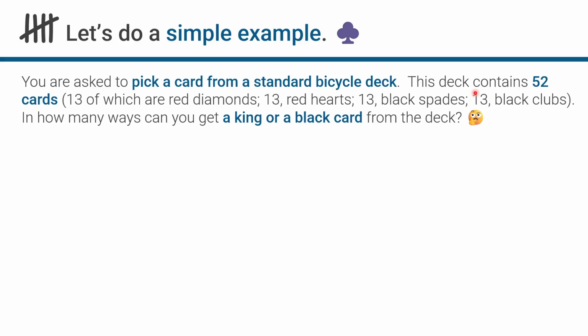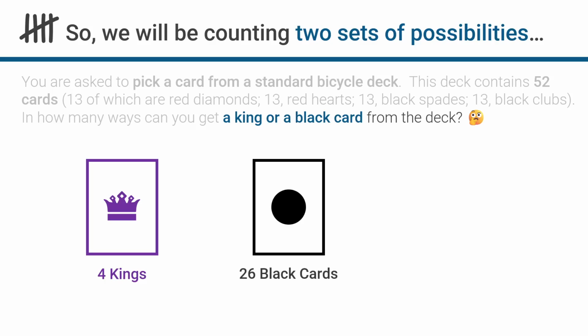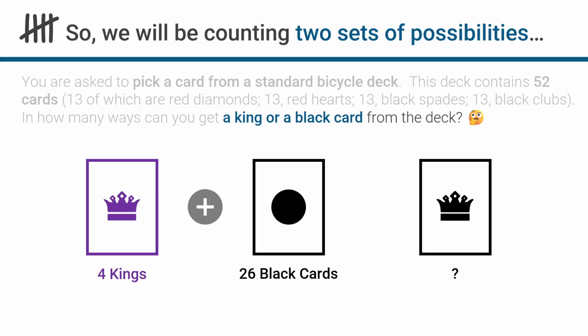However, you have 4 kings, and within those 26 black cards there are also 2 black kings included, right? So we're trying to prevent double counting.